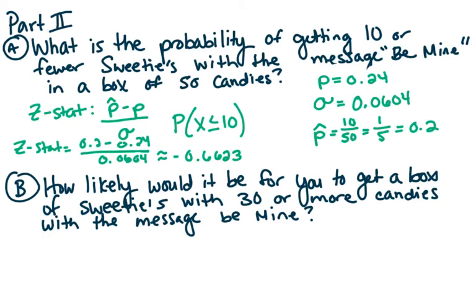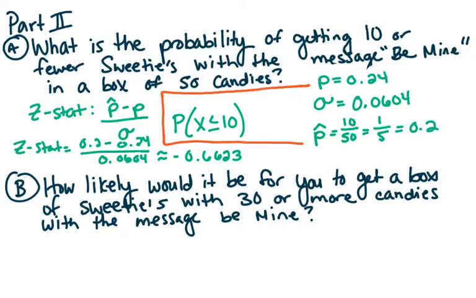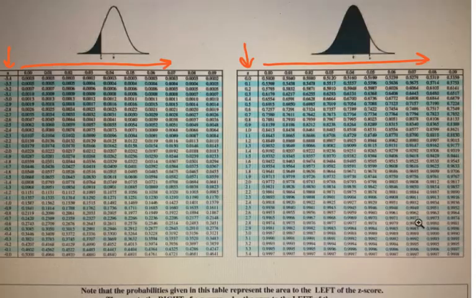Now, to get my probability, which is what I'm looking for, I'm going to have to use a z-table. I'm going to attach one to this post, but I have one on the next slide. So the way the z-table works is that the rows and columns are your z-score, that number we just found, negative 0.6623.